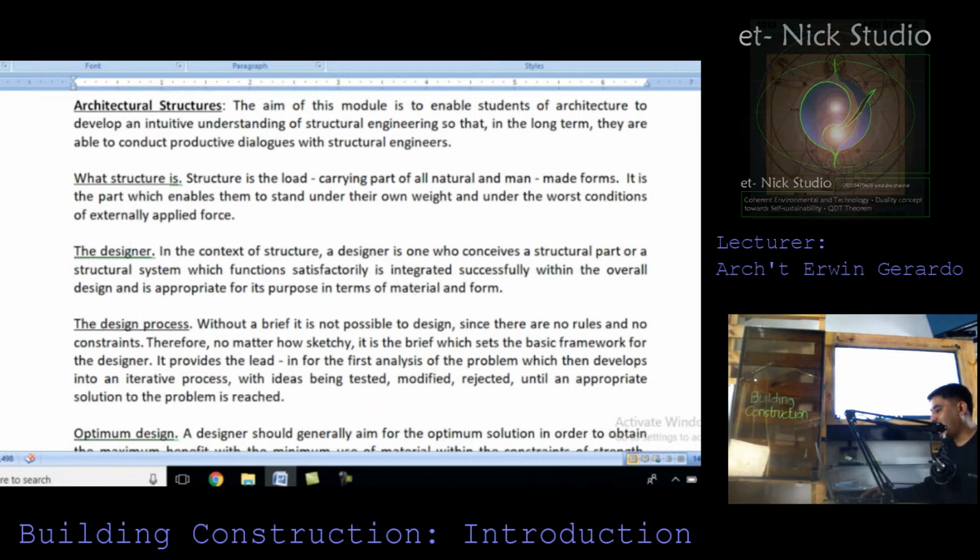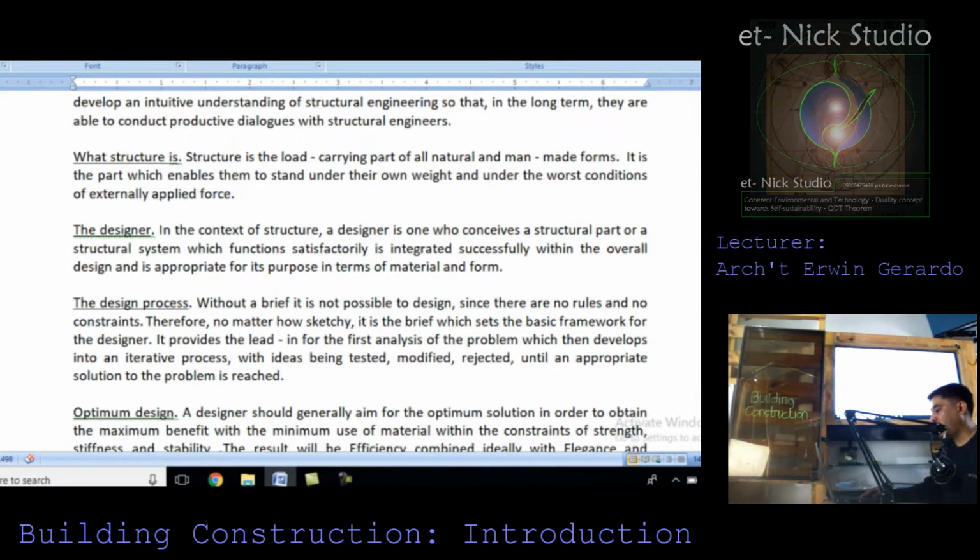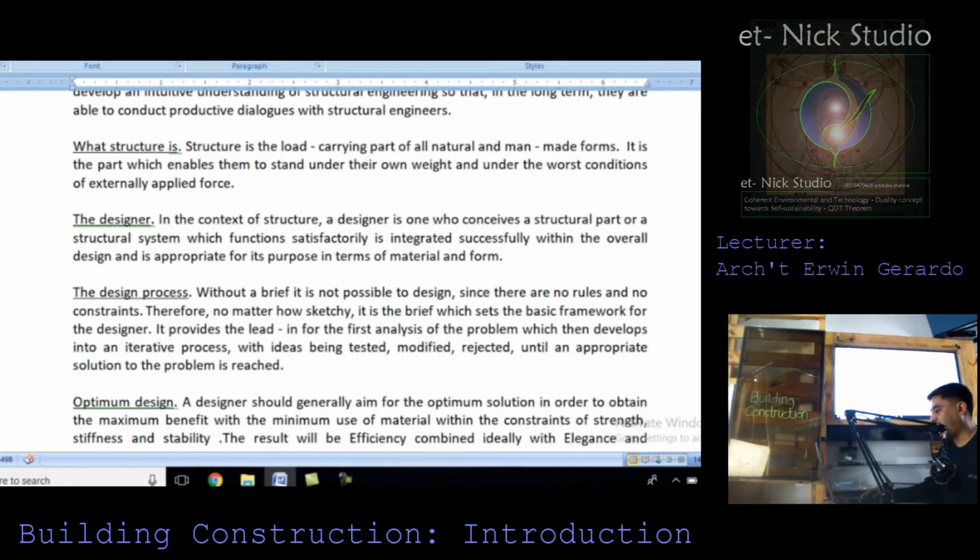It provides the lead in for the first analysis of the problem, which then develops into an iterative process with ideas being tested, modified, rejected until an appropriate solution to the problem is reached.